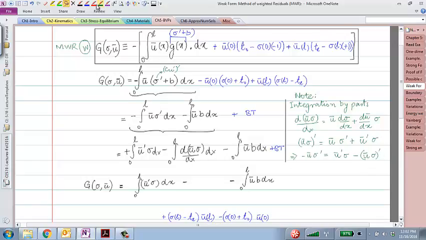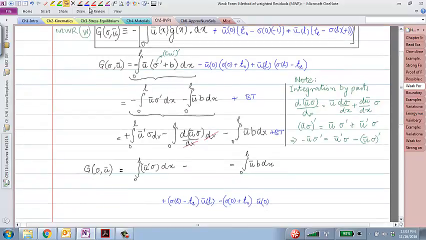That's all of this term. So I can remove dx, and the integral of d of (u bar sigma), what would that be? u bar sigma. So what I would get then would be u bar sigma between 0 and L.